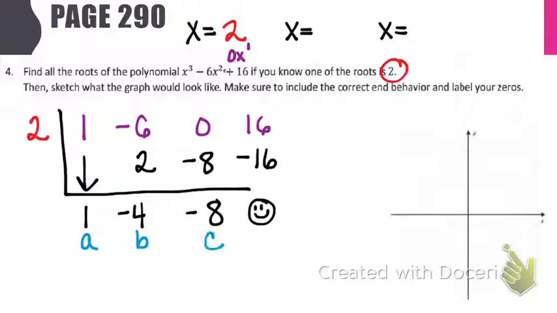This is my A, B, and C. So now we need to solve that. We need to get our other answers. Can that be factored? Do we have any numbers that multiply to be -8 and add to -4?